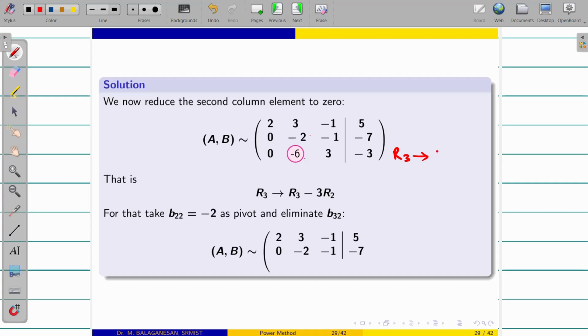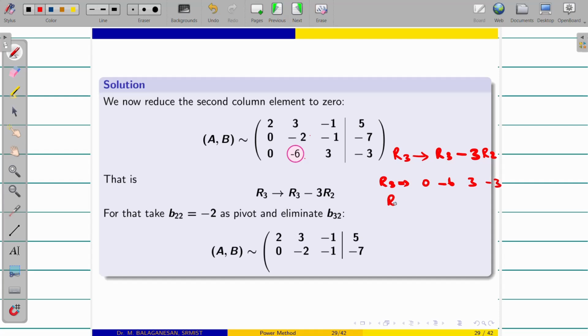So it will be R3 minus 3 into R2; already the minus symbol is there, minus into minus gives plus, and then it will become 0. I hope you have understood now. So what is my R3? R3 implies 0, minus 6, 3, minus 3.